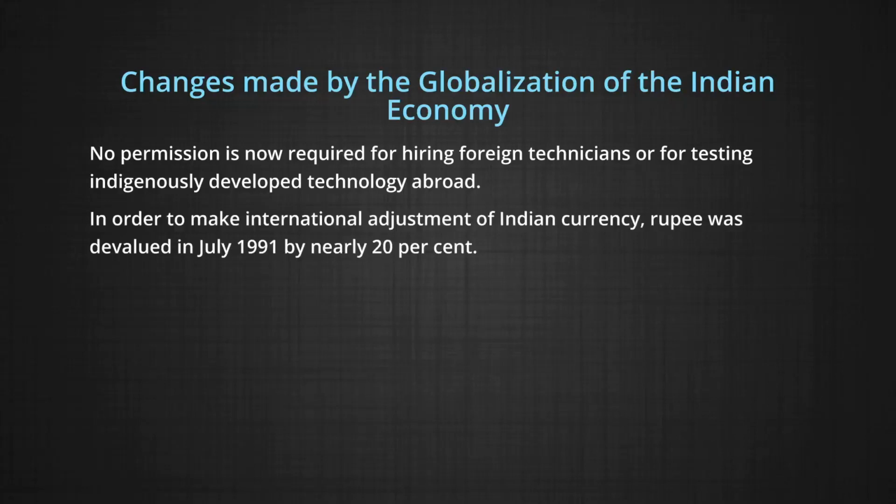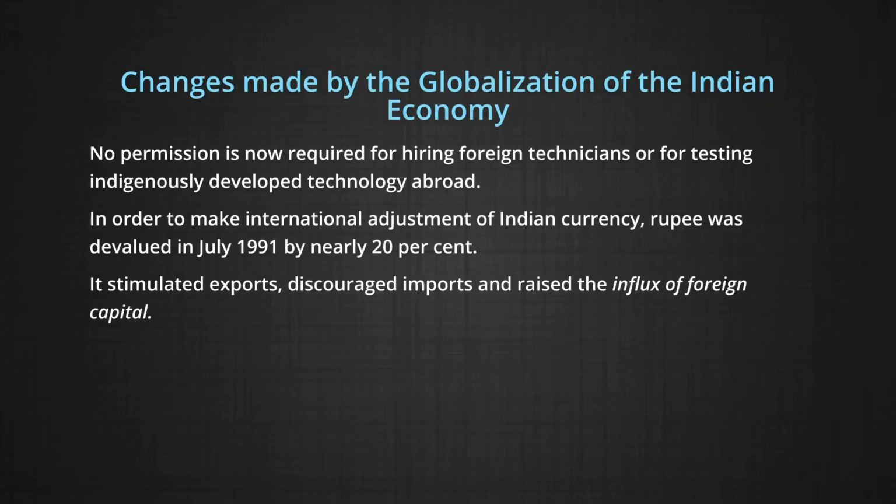In order to make international adjustment of Indian currency, the rupee was devalued in July 1991 by nearly 20%. It stimulated exports, discouraged imports and raised the influx of foreign capital.